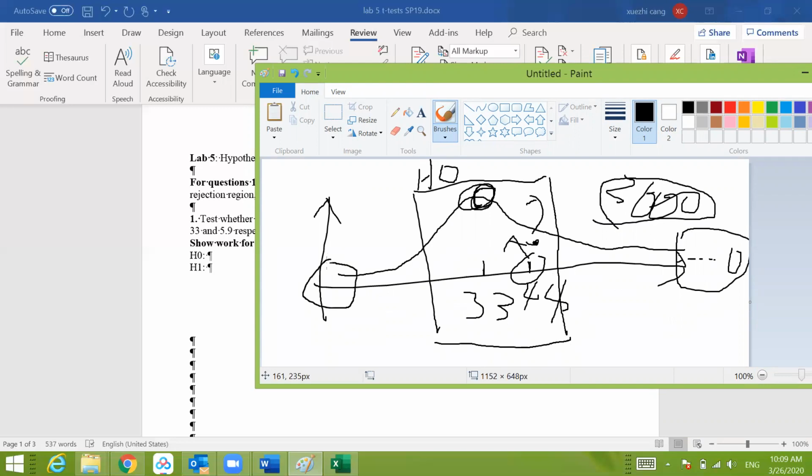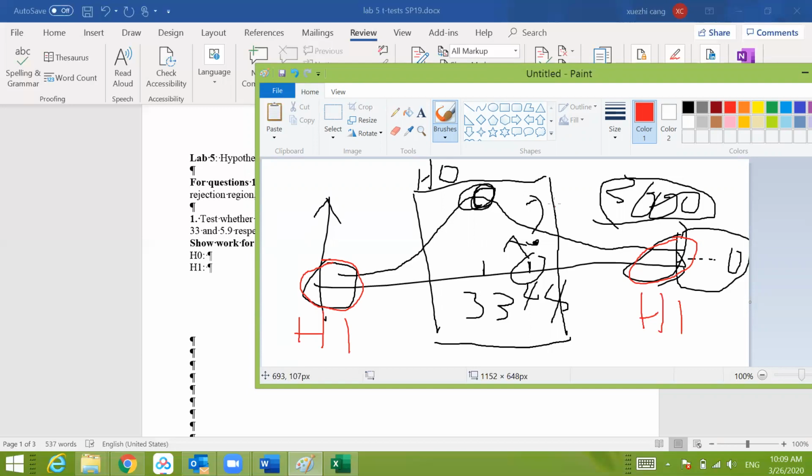The head and the tail part, let's draw a circle, the head and tail part represent the alternative hypothesis, right?